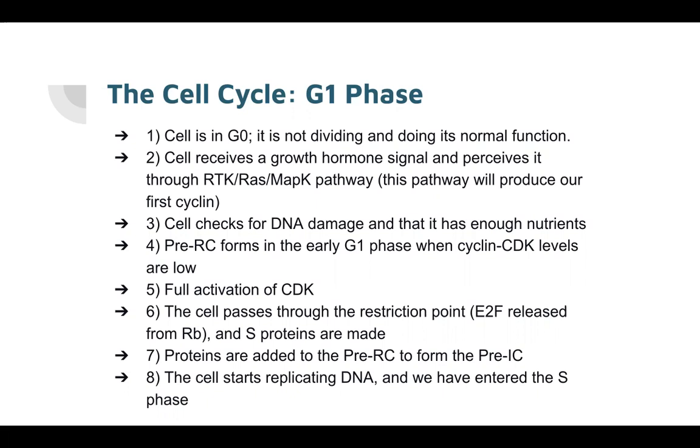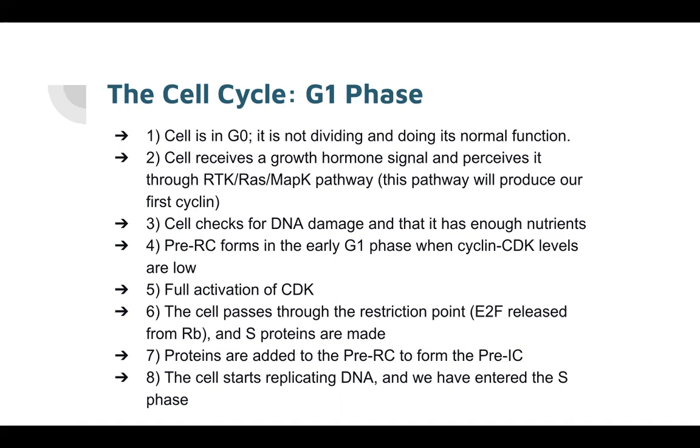The next thing that happens in G1 is that the cells will check for DNA damage, make sure they have enough nutrients, and it's also time for the cell to grow. And then early in G1, the pre-RC will form.